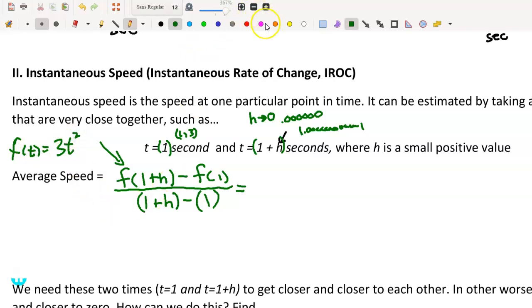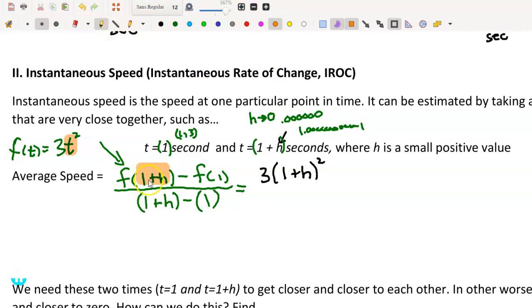So I need to take this right here, 1 plus h. What this means is take 1 plus h and substitute that in for t. So what does that equal? That would equal 3 times (1 plus h) squared.